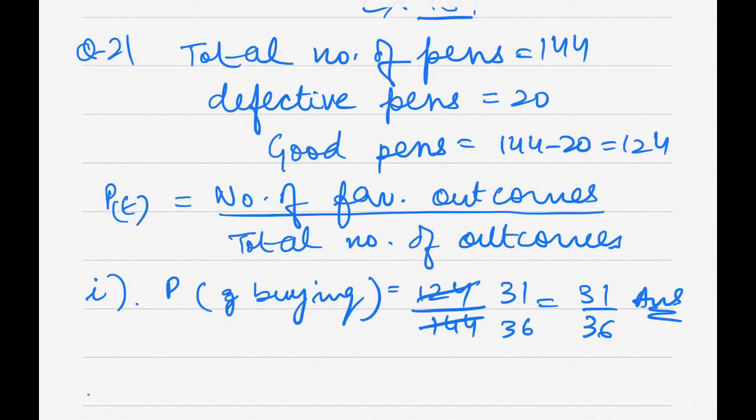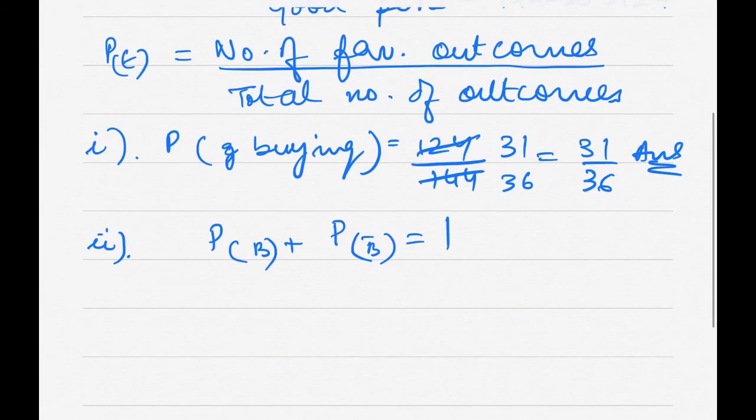And not buying it: we have the formula that the probability of an event plus the probability of not E is equal to 1. So the probability of buying, 31 by 36, plus the probability of not buying will be equal to 1.